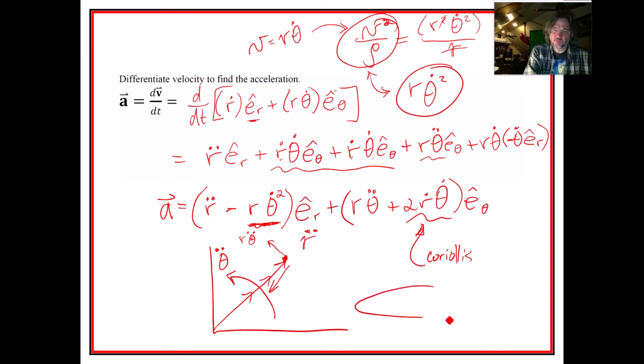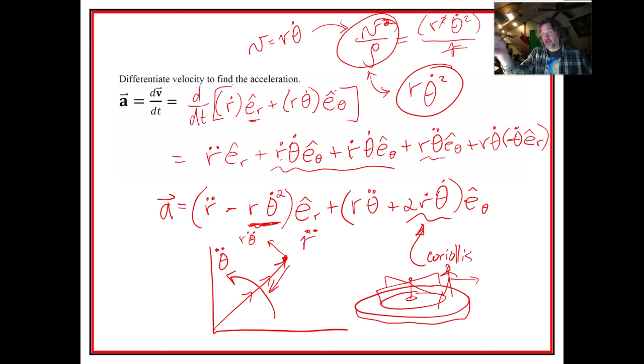I sometimes will draw this as being on, let's say, one of those merry-go-rounds. Remember those merry-go-rounds that you were on as a kid? They had the little handle things that look like that right there, and you would spin them around. Well, if you were on this and you were walking outwards onto the thing, let's say it's a really big one and it's spinning, it doesn't need to accelerate.